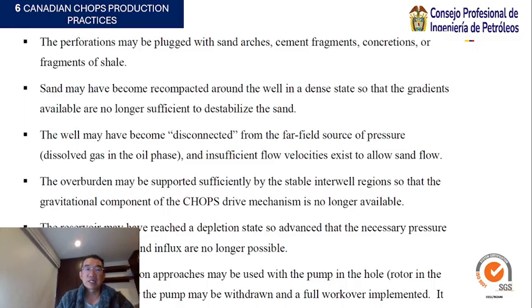Sand may have become repacked around the well in a dense state so that the gradients available are no longer sufficient to destabilize the sand. The well may have become disconnected from the far-field source of pressure, and insufficient flow velocities existed to allow sand flow.